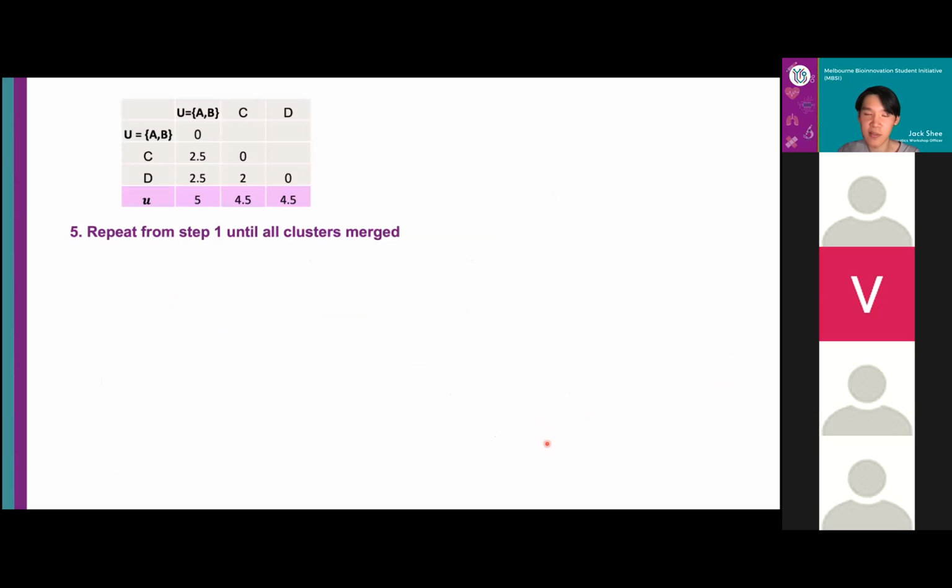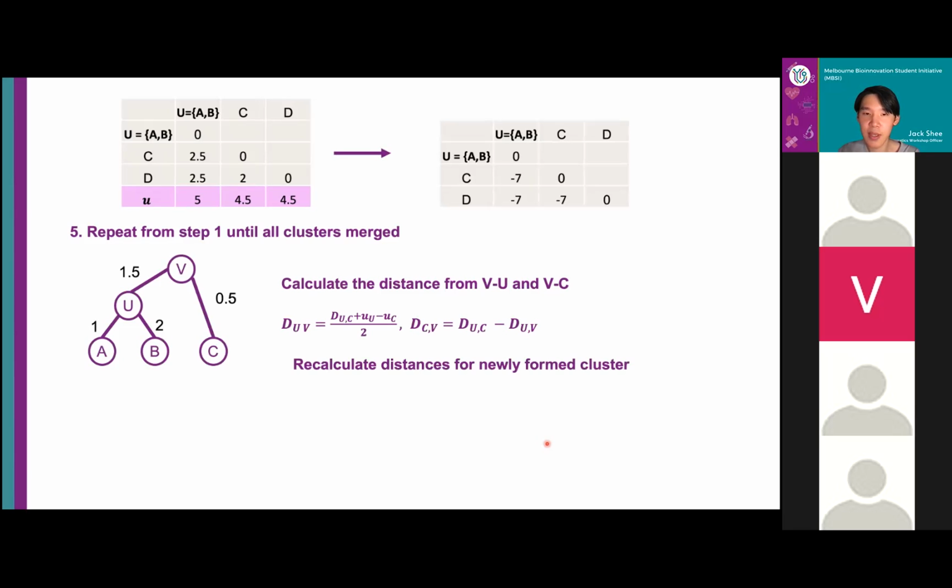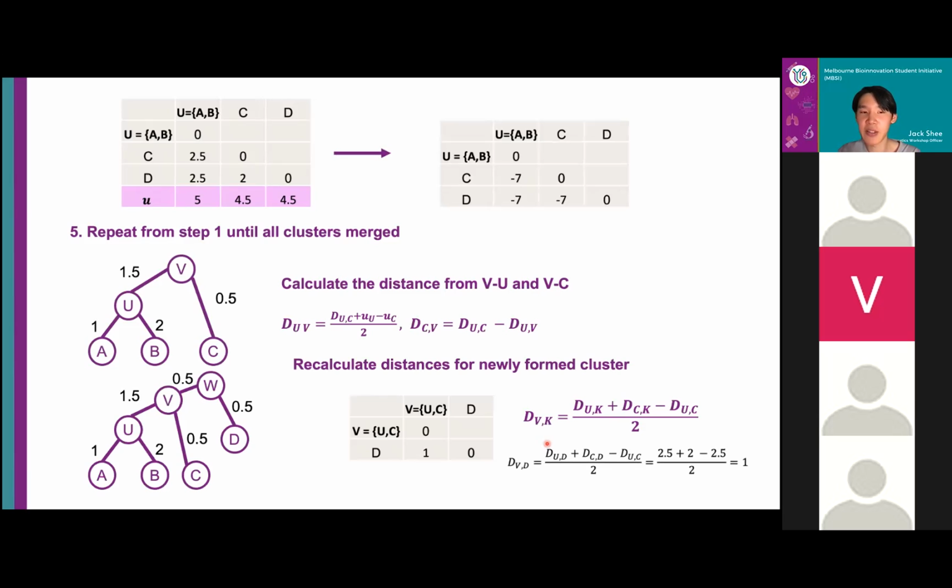So I won't labor too much on the exact details. Again, we make the transformation, and then we recalculate the distances, and then we recalculate the distance from the newly formed cluster. And then we finally arrive at our completed tree after we've only got two clusters remaining and we merge them together.